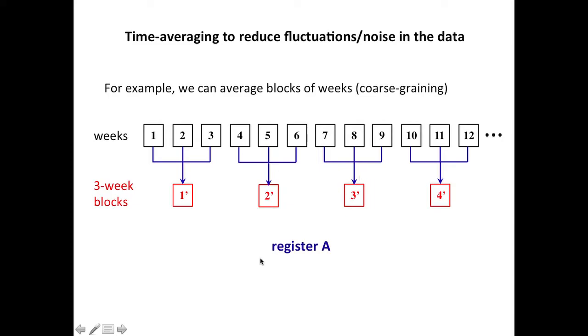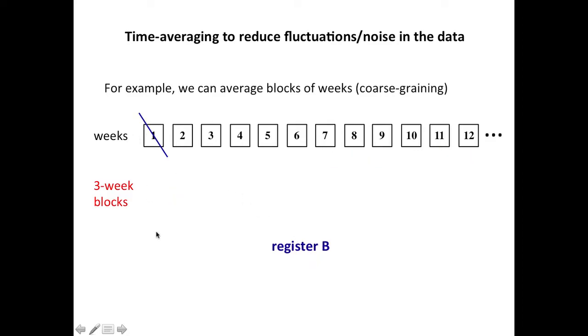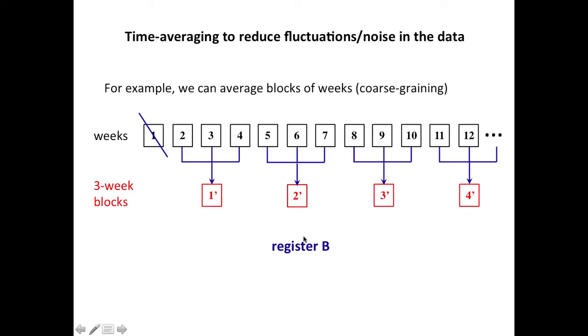And I'm calling this register A because you actually have a choice in how you do this. For example, instead of starting with week 1, we could ignore week 1 and say, well, I'm going to do 2, 3, 4 together and then 5, 6, 7 together and so on. We could call that register B, and we would get a different set of blocked data.